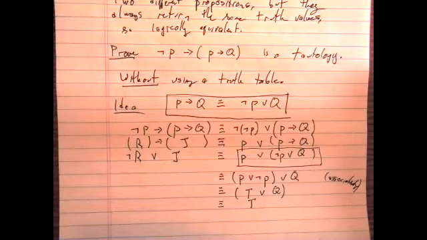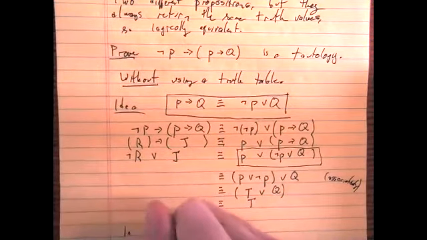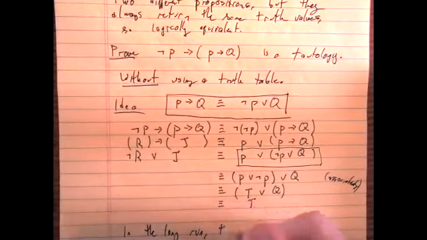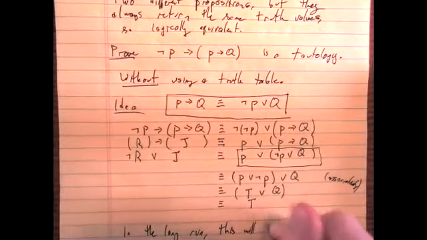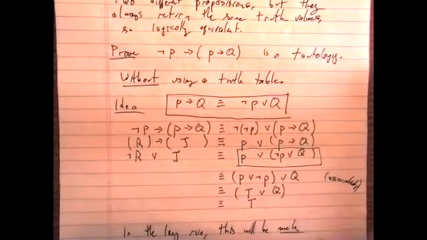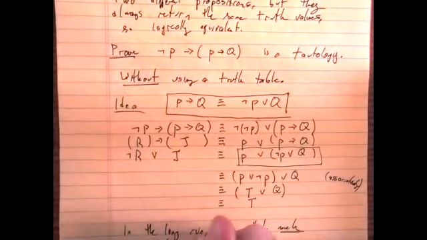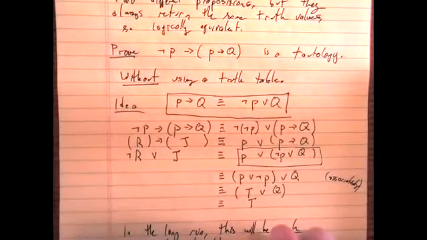Any question here? So in the long run, this will be much more efficient than truth tables.